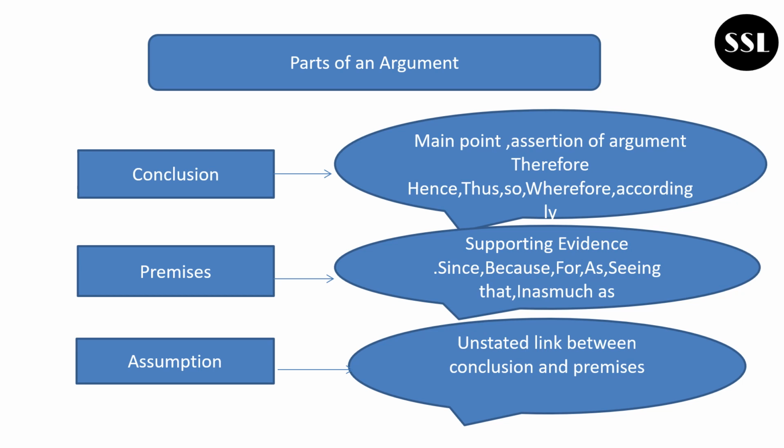While premises are the supporting evidence, facts or pieces of information already stated in the given argument. They start with keywords like since, because, for, as, seeing that, inasmuch as. These indicate that these are the evidence or the facts of the given argument.